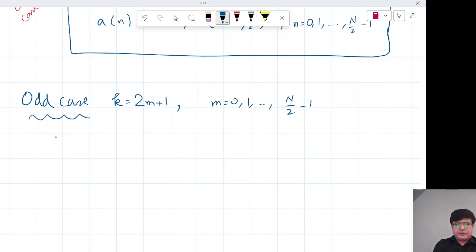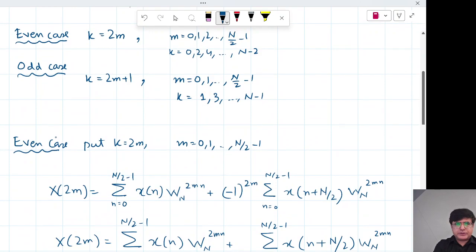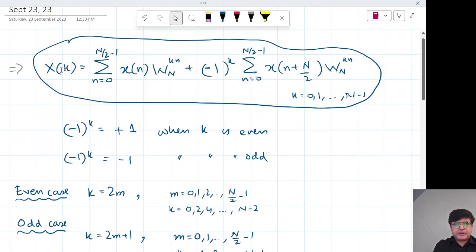So this was the original expression. So just replace k with 2m plus 1.